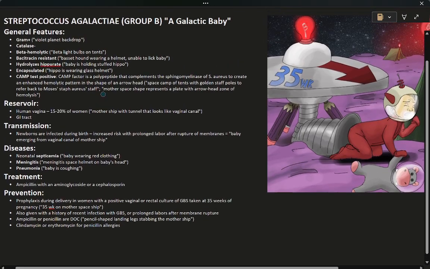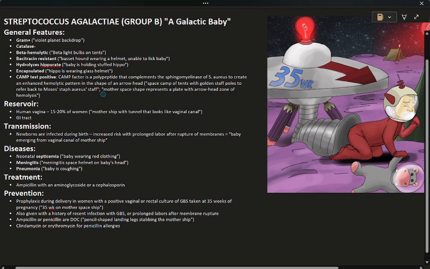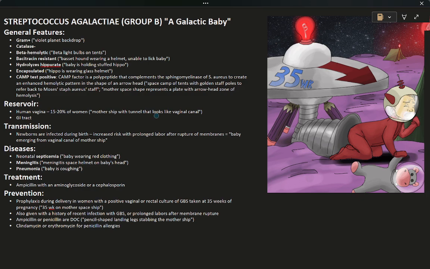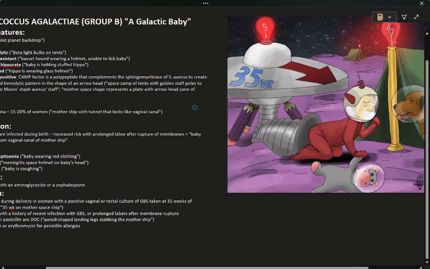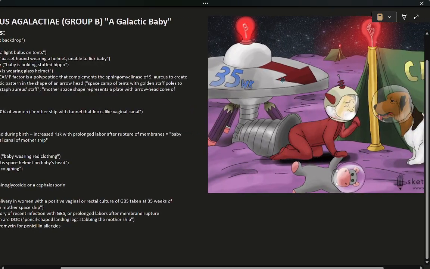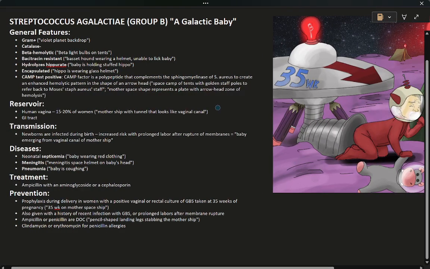For its reservoir, the Streptococcus agalactiae can be found in the human vagina in 15 to 20% of women. And so this is symbolized by the mothership with the tunnel that looks like the vaginal canal, kind of represented over here. And then, I think I should make this correction here.